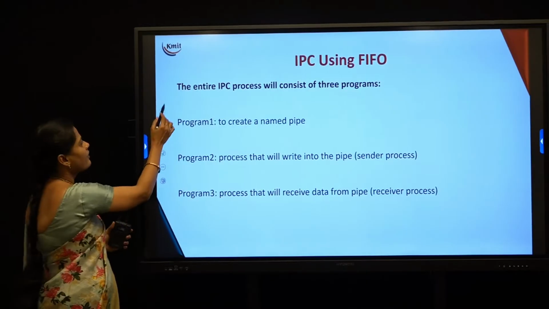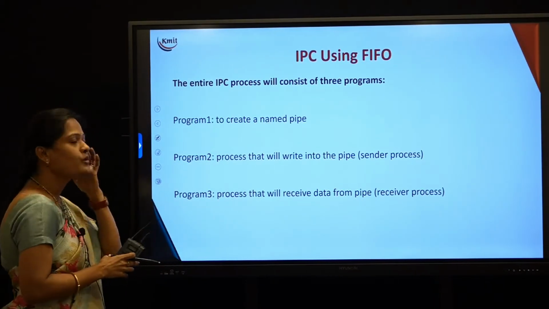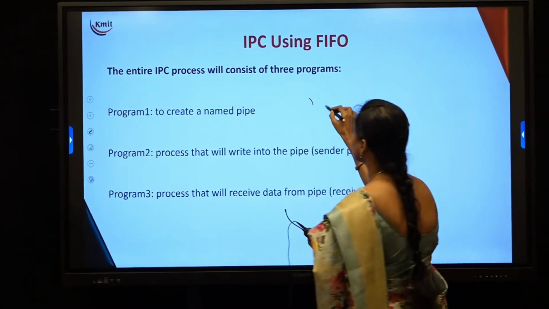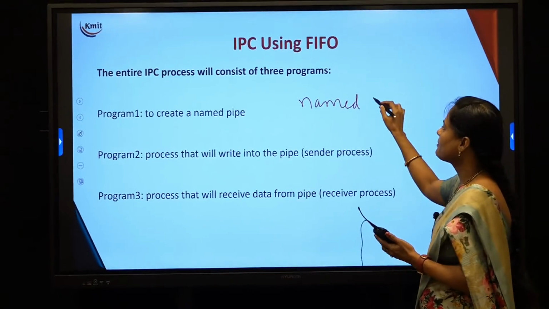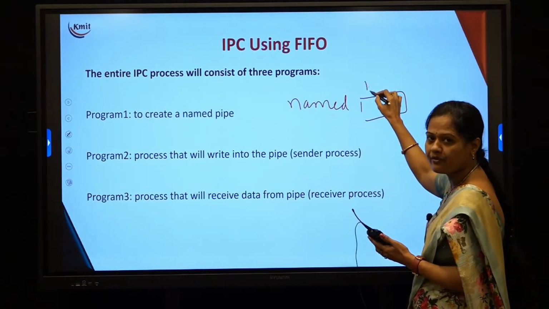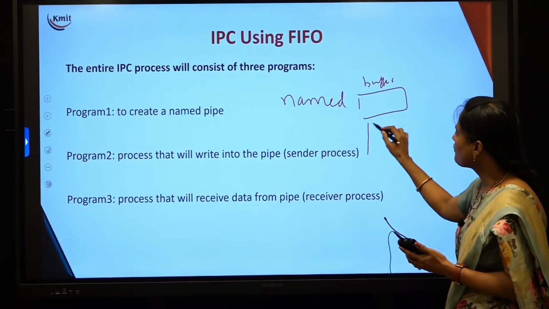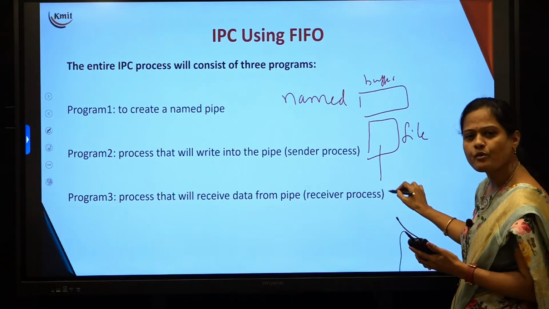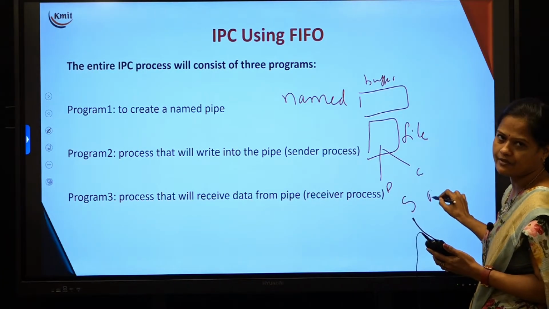Now that is about your unnamed pipes. Now we want to go for using FIFO, the other pipe. You have two pipes here, as I told you. This FIFO is your named pipe. When you go for your named pipe, instead of creating a buffer as we have seen in the earlier case, we create a file, and that file will be used both by your parent and your child, or we can even call them the sender and the receiver.